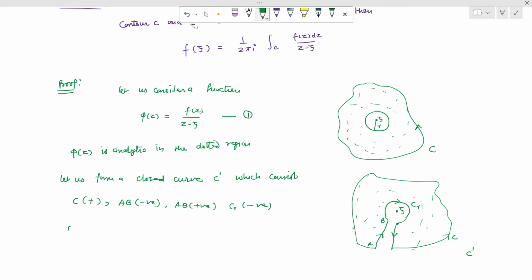So now we apply here Cauchy integral theorem.